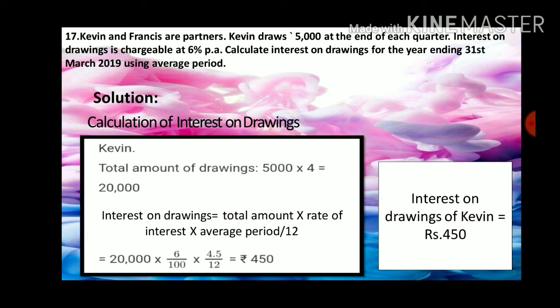Calculate interest on drawings for the year ending 31st March 2019 using average period. Okay, so the question is interest on drawing for the year ending 31st March 2019. Which method? Using the average period method.